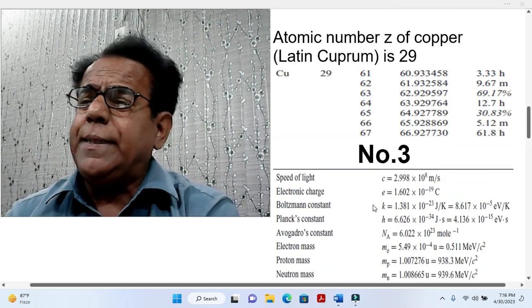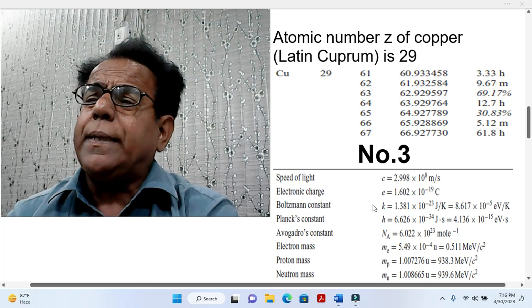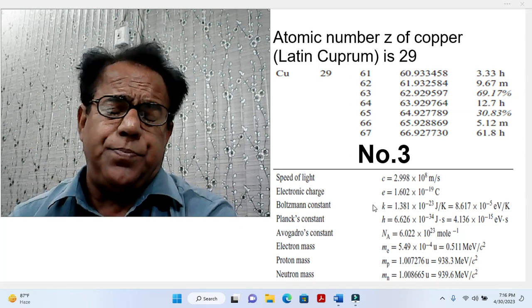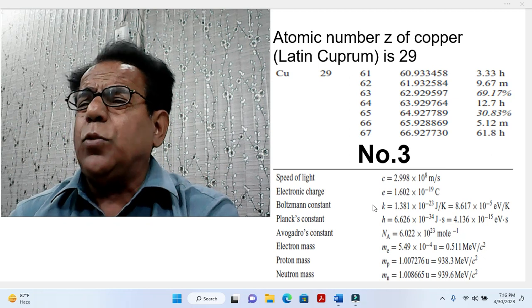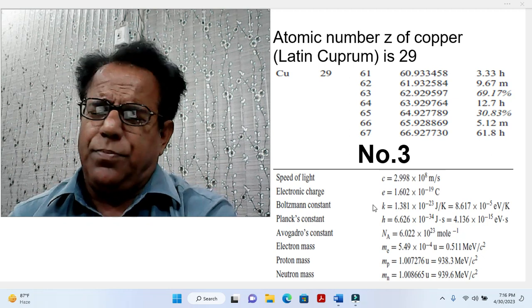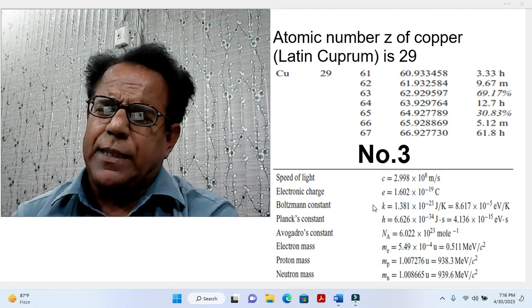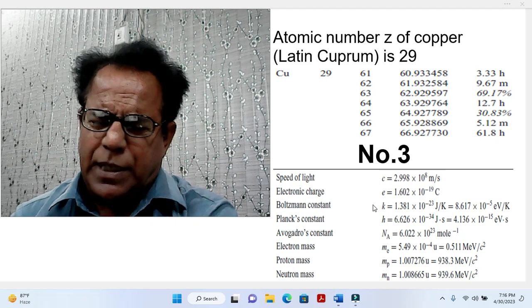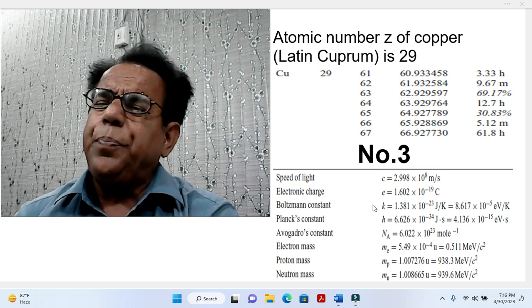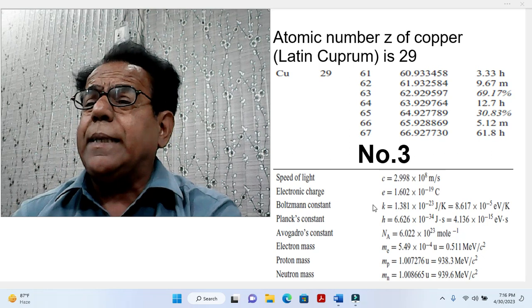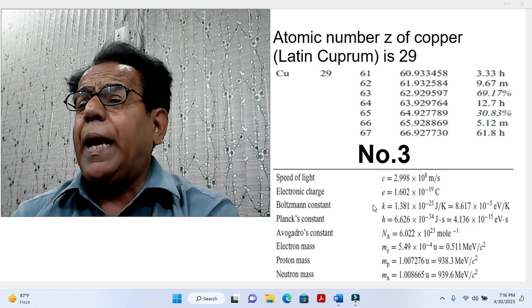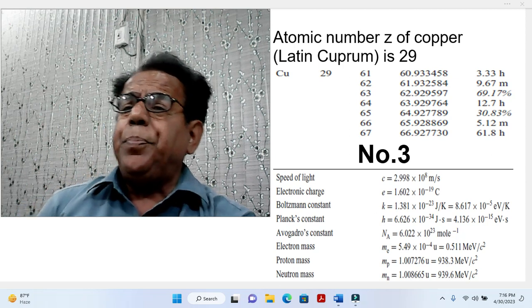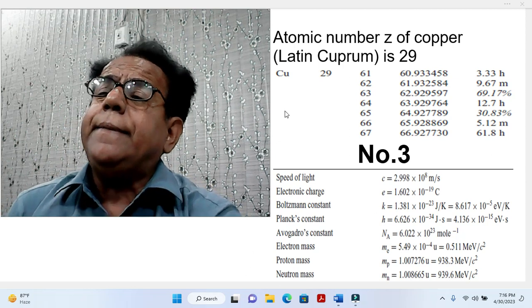Copper is its usual name, but its chemical name comes from Latin, that is cuprum, and according to cuprum its symbol is Cu.